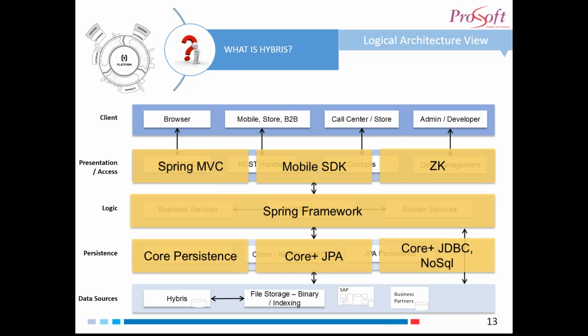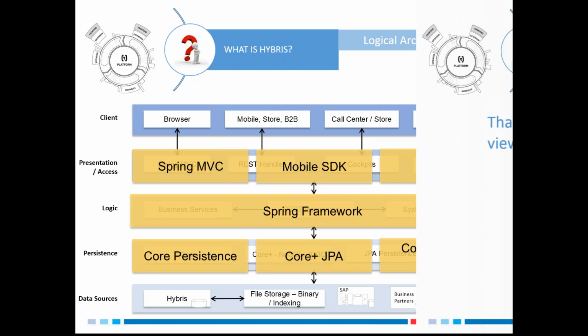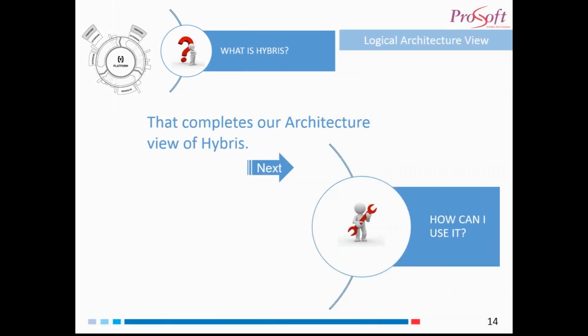Okay, so from here, that actually completes our view of the Hybris architecture. We started with a business problem. We understood the domain. We understood a business value chain. We found what a module is, and we saw that a module solves a business problem, which is one functionality within a business portfolio.